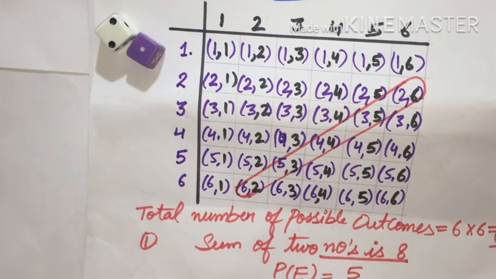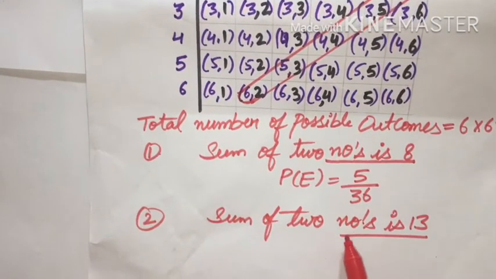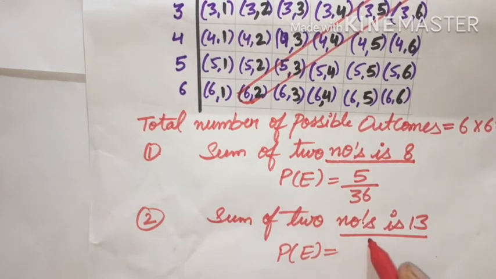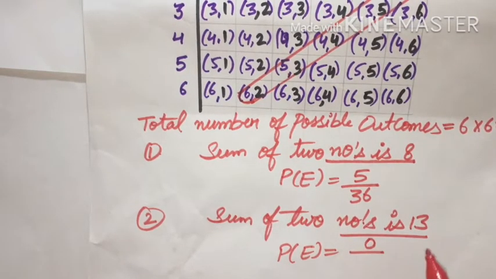On one dice the maximum is 6, and on the other dice the maximum is 6, so 6 plus 6 is 12. It cannot be possible that we get a sum of two numbers equal to 13. So the number of favorable cases will be 0. The probability of this event, the sum of the two numbers being 13, is 0, because we will not get the sum of 13 in any case, upon the total possible cases 36. So 0 upon 36 means 0.